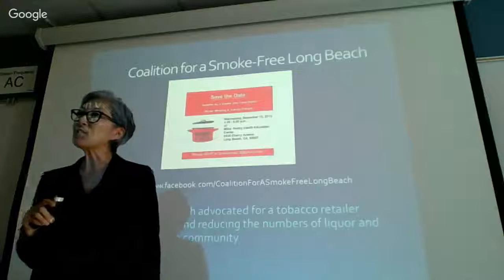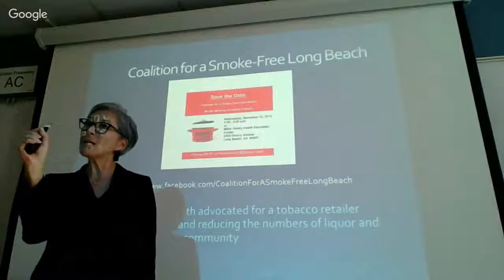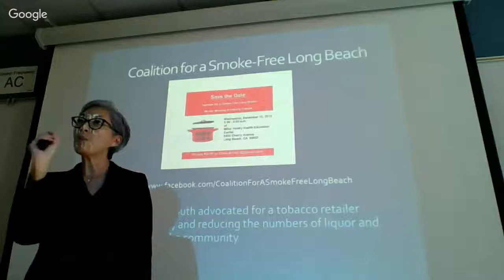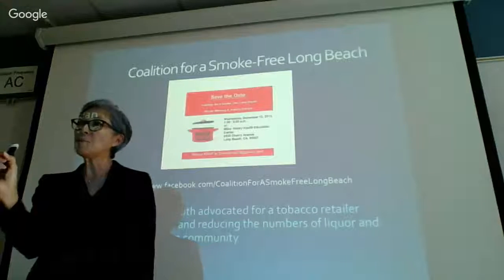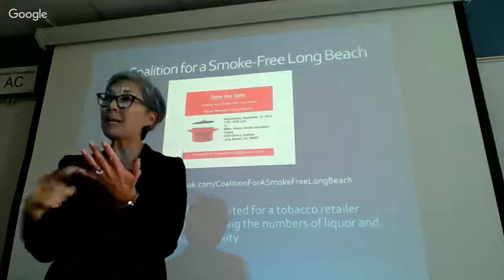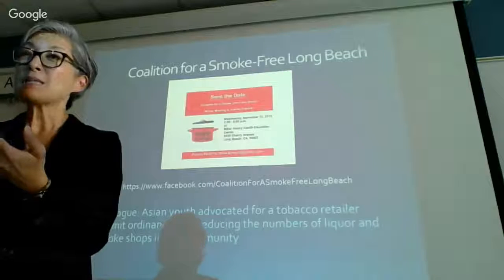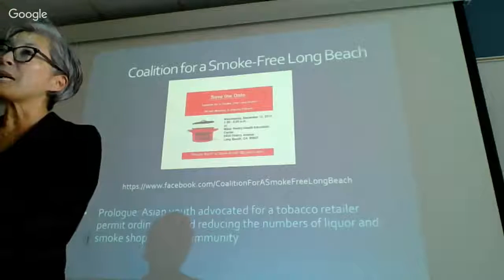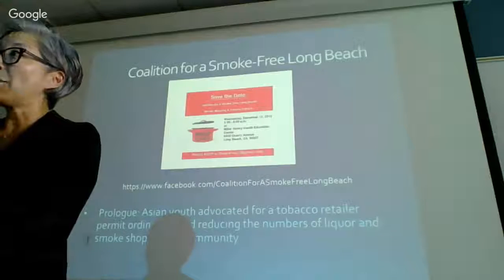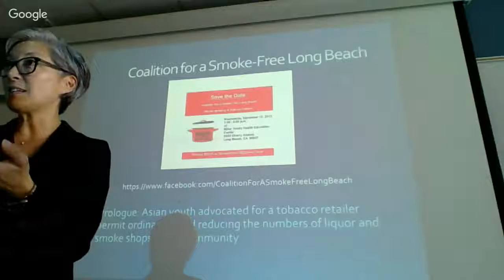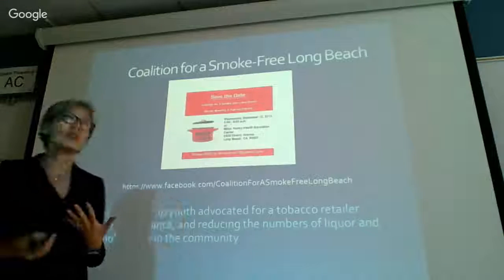So the city of Long Beach is like, well, should we be doing anything special to permit our local businesses? So for example, banning outside advertising, right? Prominently displaying the age limit for buying cigarettes, enforcing it. So these are things that cities can control.